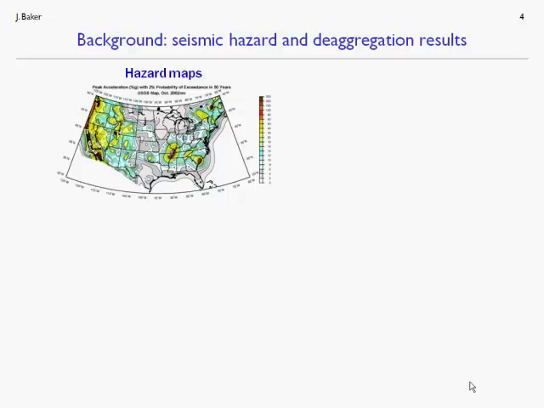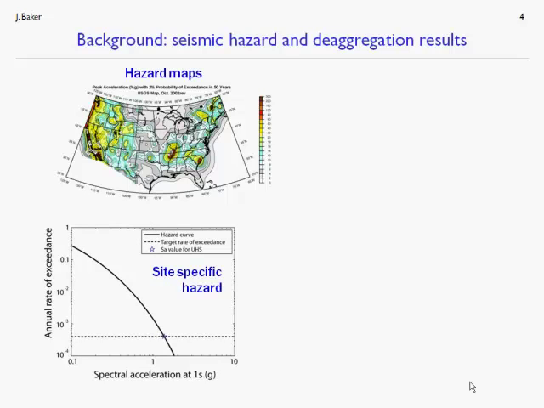Okay, as background, the seismic hazard information that you might be most familiar with is the seismic hazard maps produced by the U.S. Geological Survey, and these map design peak ground acceleration or spectral acceleration values with a specified probability of exceedance in some time window. Another way of looking at that is for a specific site located somewhere on the map, we can look at spectral accelerations of all amplitudes at a particular period.